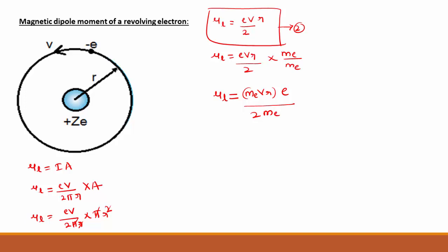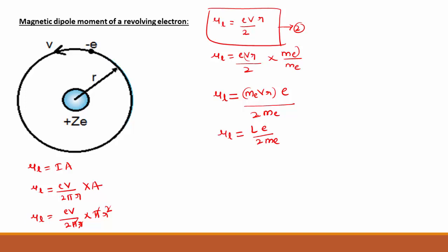Now I can write this equation: mu l is equal to L into e divided by 2 into me.